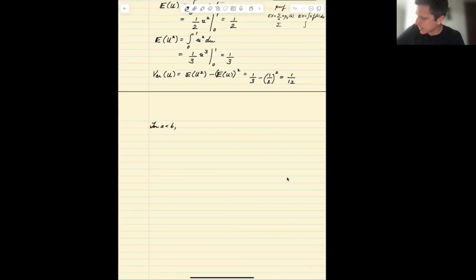So one thing that's interesting to see is that for constants a less than b, and let's let U be uniform again, 0 to 1.